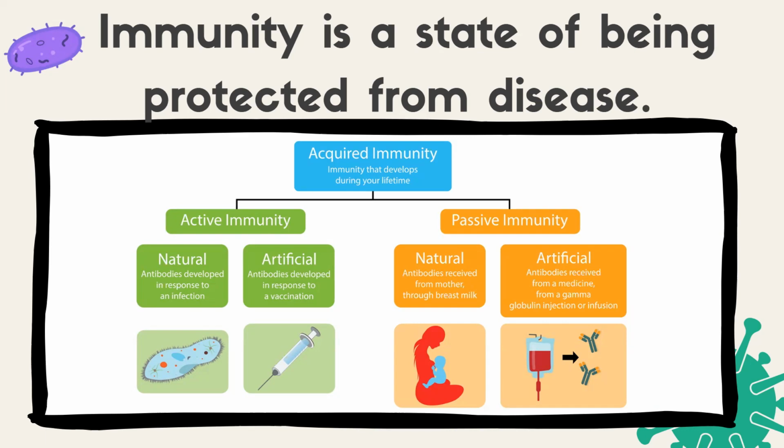Artificial passive immunity is going to be something like antibodies received from a medicine that mimics them, from some kind of injection, or if you get a blood infusion, the antibodies contained in that blood will be passed on to you. So active, we are creating antibodies. Passive, we are receiving antibodies, and each have a natural and artificial category. I know that's not so straightforward.